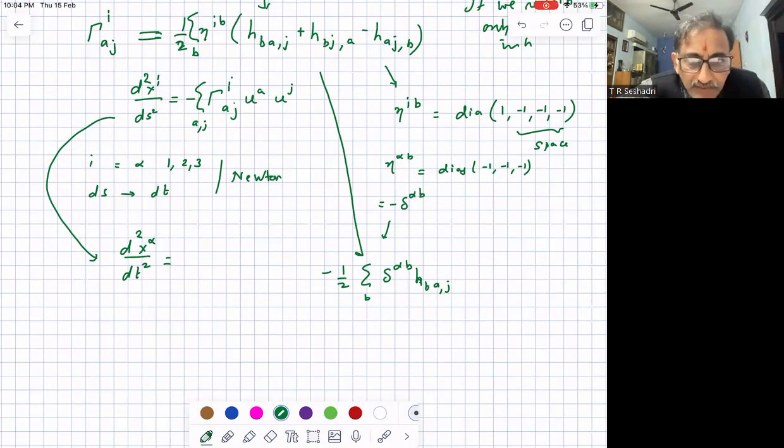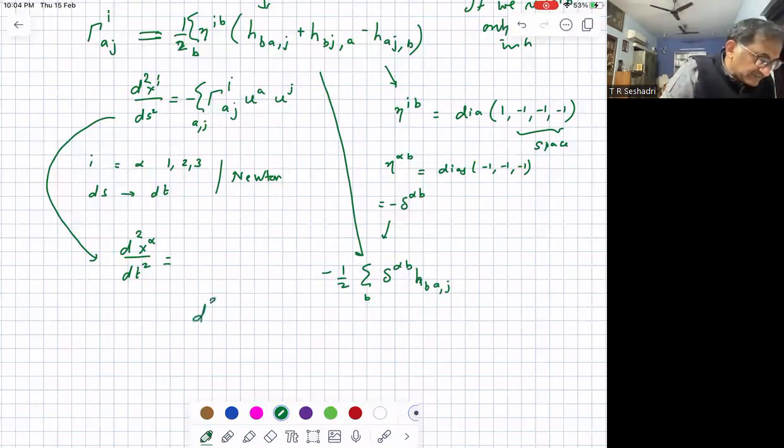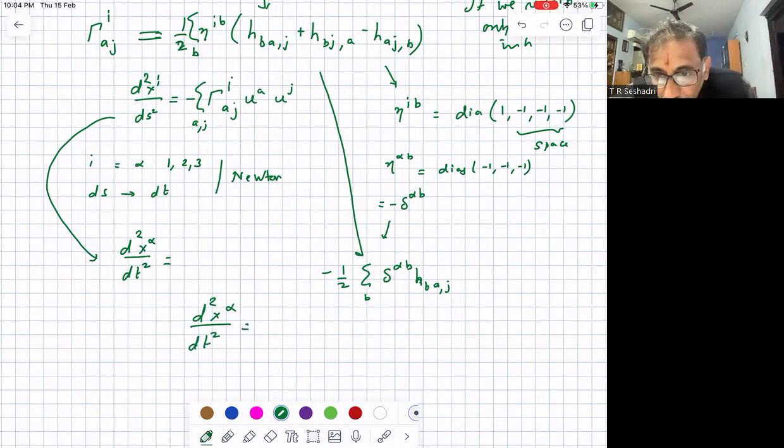Just a minute, I've got my notes here. In this limit I will get d2x alpha by dt square is equal to minus half del by del x alpha h00.